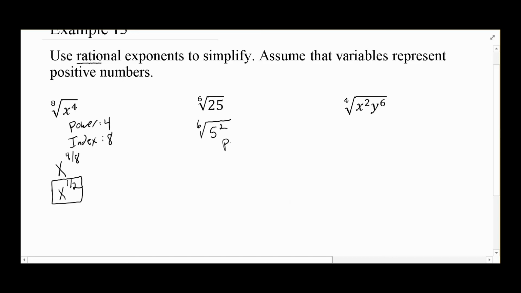Once I do that, then I say my power is 2, my index is 6, so this is 5 to the 2/6. Then I simplify. 2/6 simplifies to 1/3. And that's what I'm looking for.